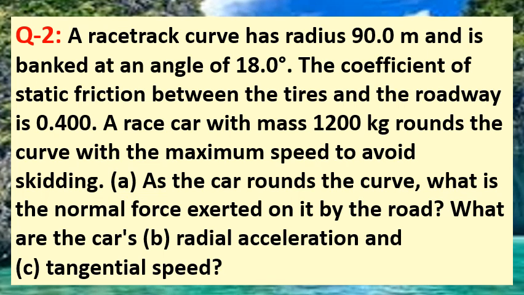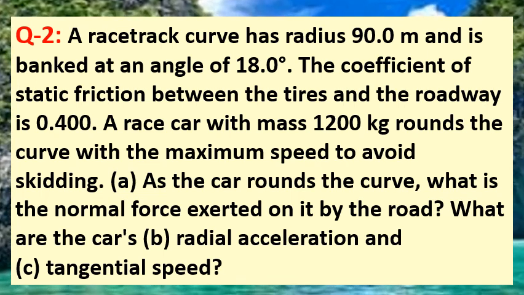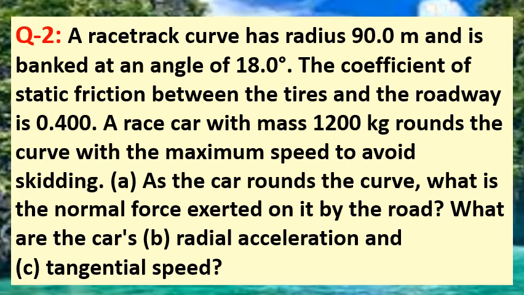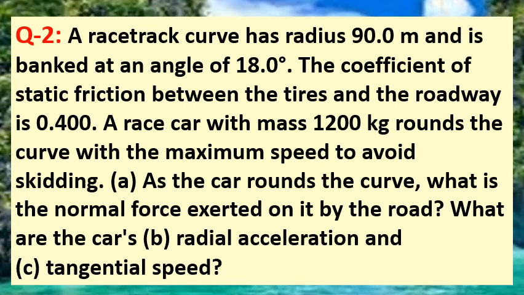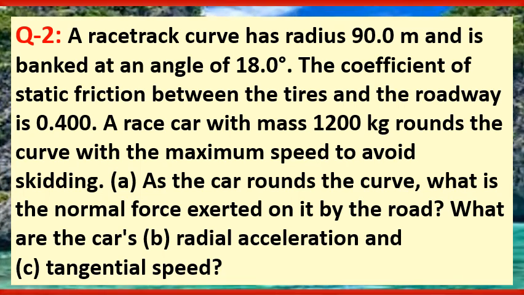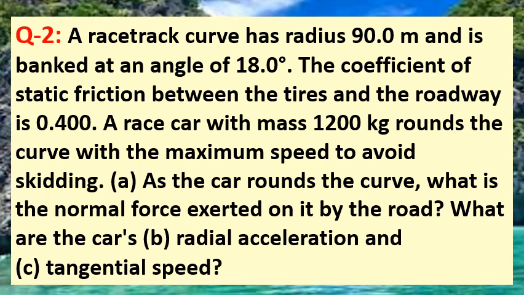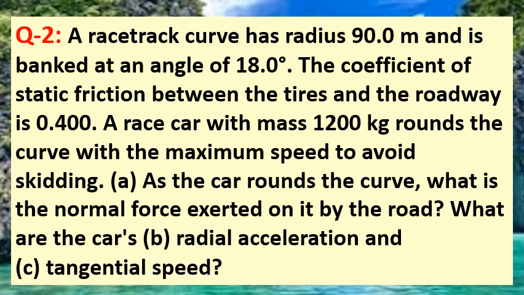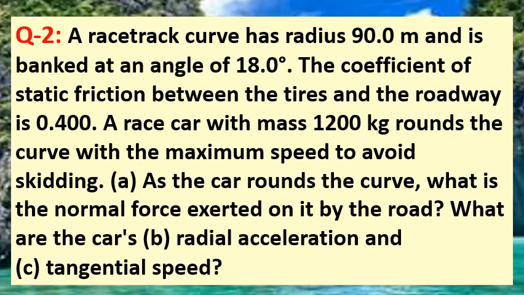Our last question, number 2. A racetrack curve has radius 90.0 meters and is banked at an angle of 18.0 degrees. The coefficient of static friction between the tires and the roadway is 0.400.